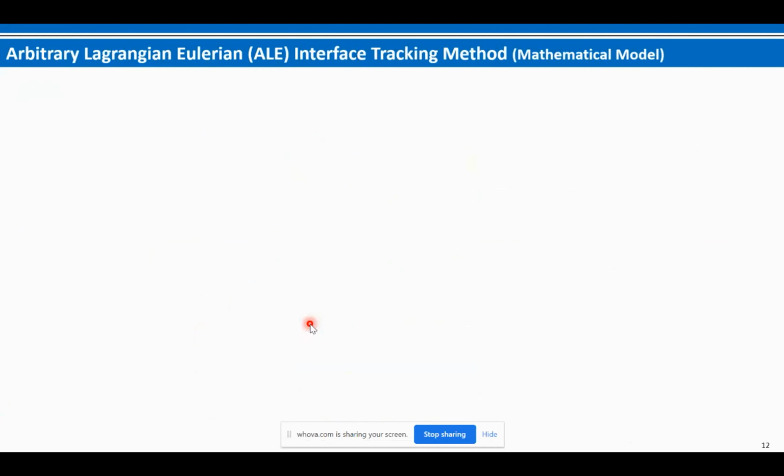Next is an application where we used multi-region foam for region-to-region coupling to implement an arbitrary Lagrangian Eulerian (ALE) interface tracking method.